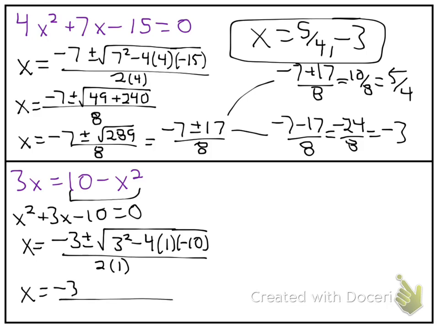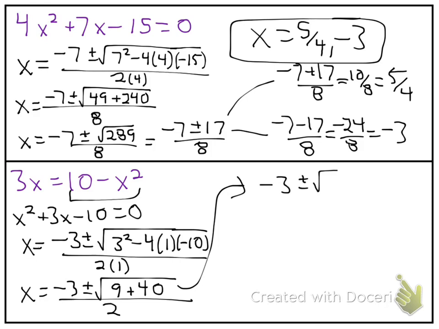So we clean it up. Negative 3 stays out in front. 2 times 1 is 2. On the inside, 3 squared is 9. And then 4, 1, and negative 10, there's 2 negatives there, so it's going to be a positive 40. Got ahead of myself. Now, we combine terms inside the radical. Plus or minus the square root of 49 over 2.